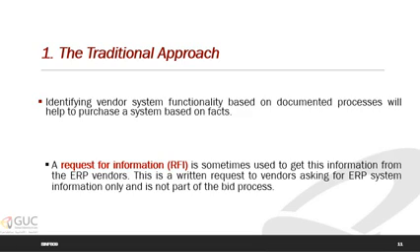In gathering and reviewing the information, it will quickly become apparent how closely the company's business processes match a vendor's system. This will also help the company to evaluate if the documented processes are rational and reasonable. Again, identifying vendor system functionality based on documented processes will help to purchase a system based on facts.